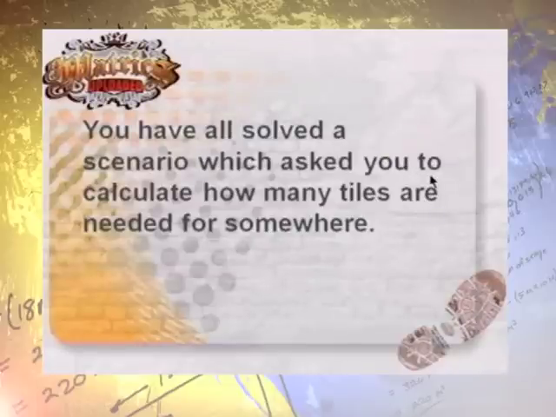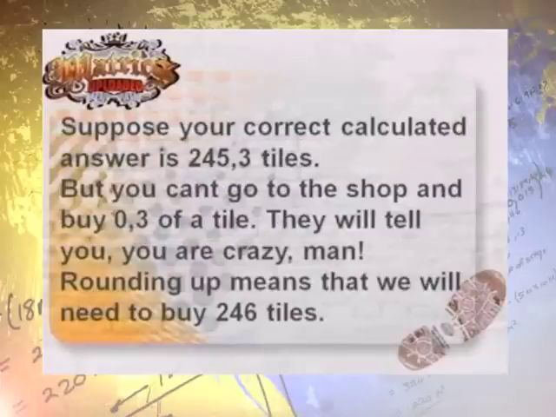Here is another situation. Watch this. You've solved a scenario which asks you to calculate how many tiles are needed for somewhere. Suppose that your correctly calculated answer is 245,3 tiles, but you can't go to the shop and buy 0,3 of a tile. They will tell you you are crazy.